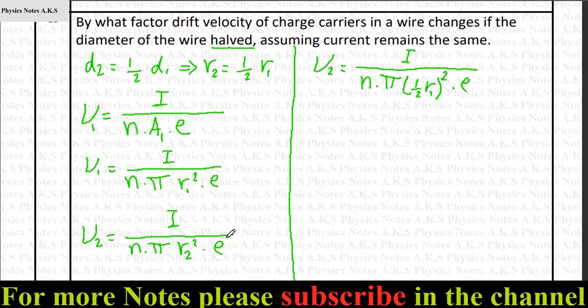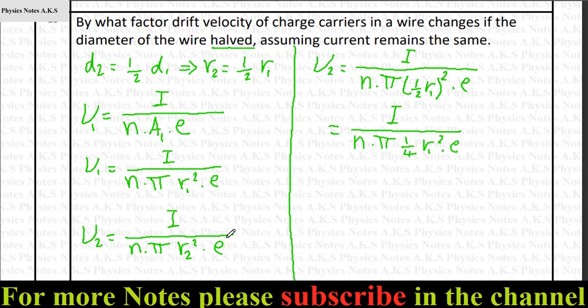So I will have here current divided by number density pi. The squared is for the half, and for the r1 it's going to be 1 by 4, multiplied by r1 squared multiplied by e.